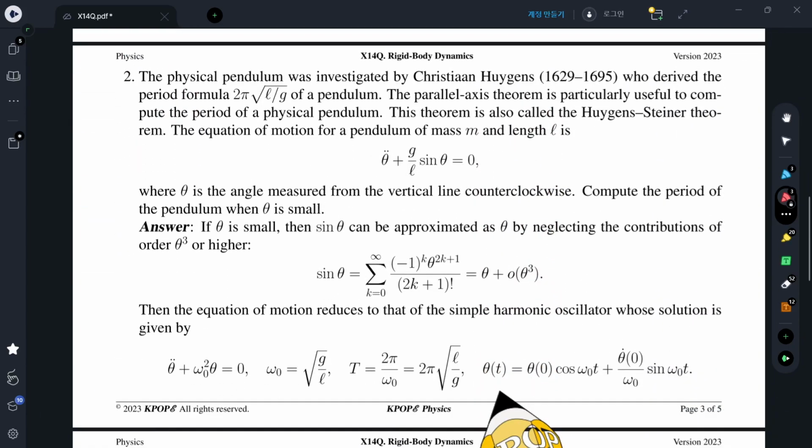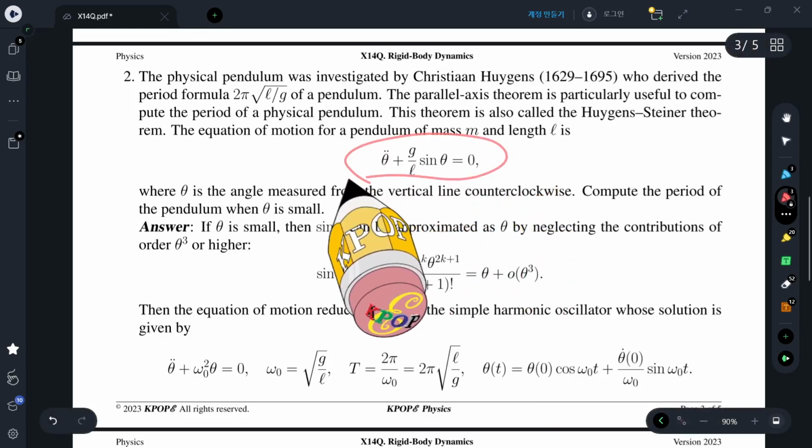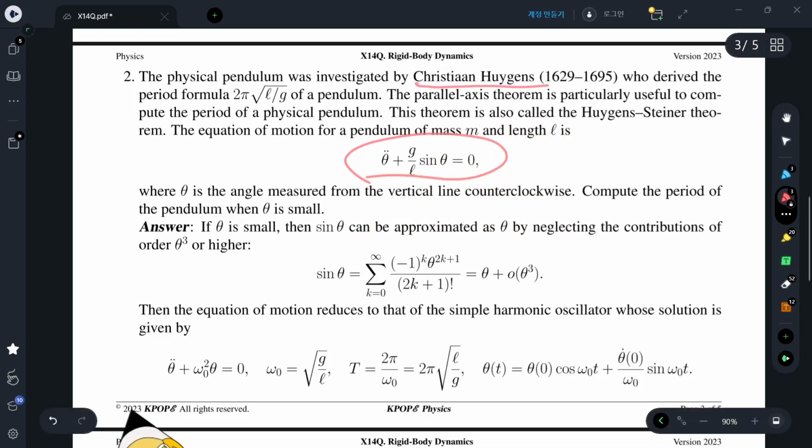Next, we consider the pendulum equation we have just derived. Actually, the pendulum equation was first derived by Christian Huygens. And you know, the pendulum was studied very seriously for the first time by Galileo Galilei. He understood the independence of the period regardless of the large amplitude.